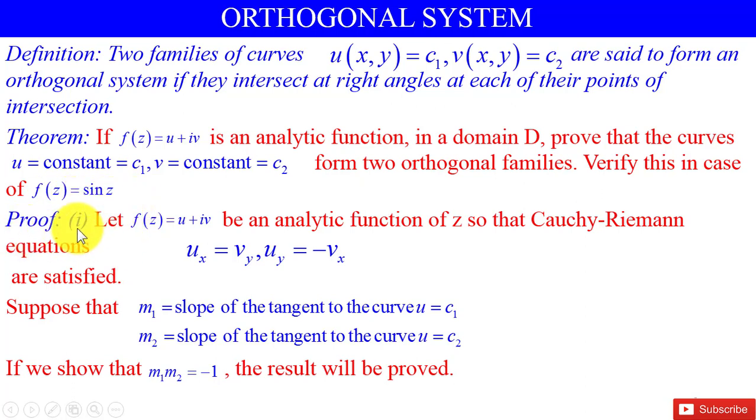Proof. First part. Let f(z) = u + iv be an analytic function of z. Show that Cauchy-Riemann equations ux = vy, uy = -vx are satisfied.